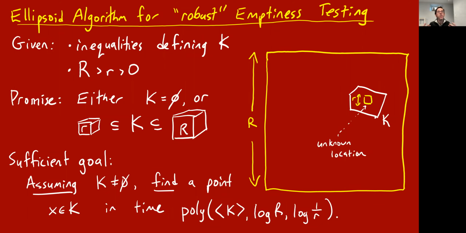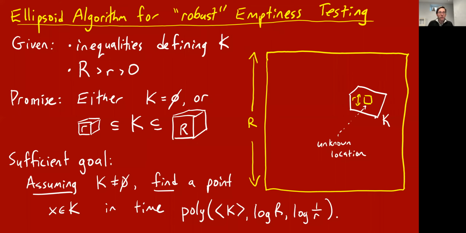So one thing you can easily do is test whether a given point is in K or not. If you have a potential point x in R^n in mind, literally numbers, you can just plug it into the inequalities defining K and see if they're all satisfied. This is one thing you can certainly do, and that's going to get us started in this ellipsoid algorithm.